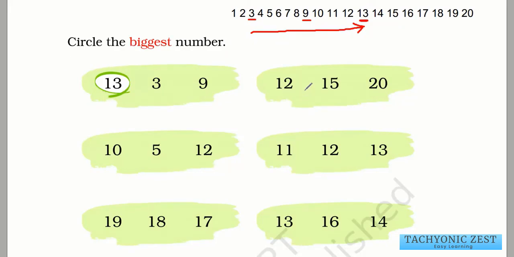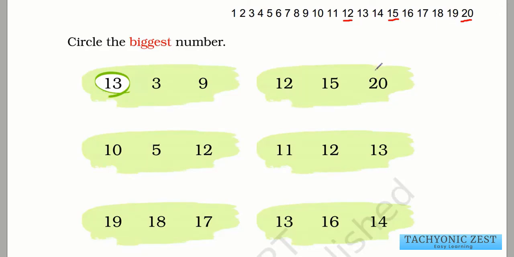So let us try and solve the next question. The next question here is 12, 15 and 20. If we mark properly, you can see that 12 is here, 15 is here, and 20 is here. We can clearly see that 20 comes after 12 and 15, after 12 as well as after 15.